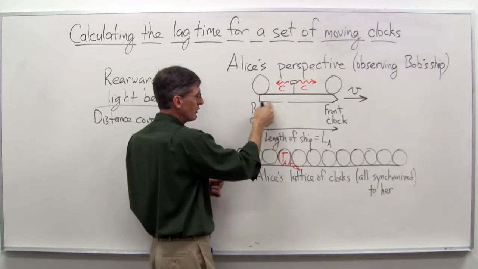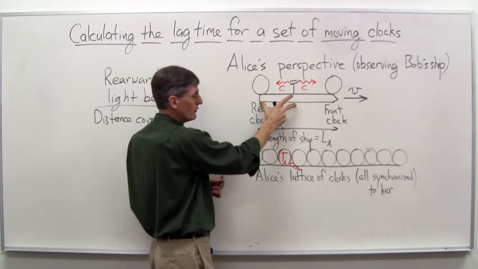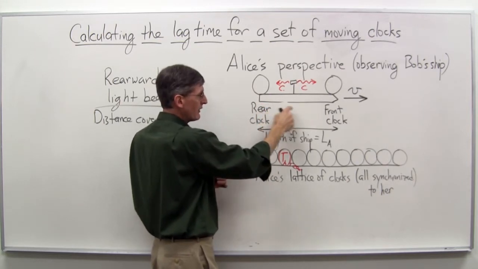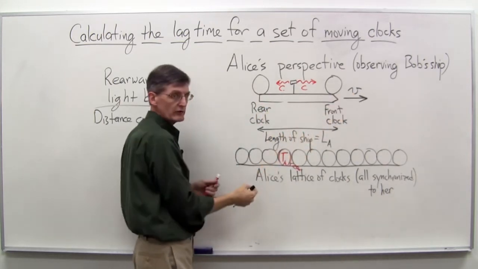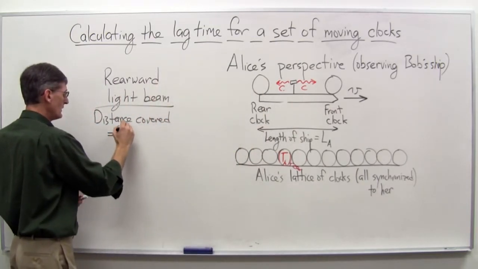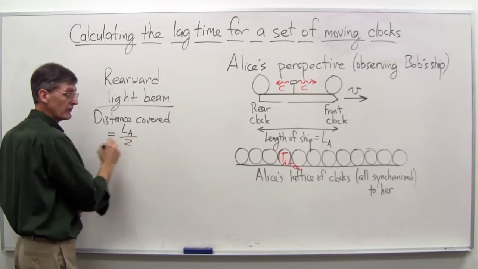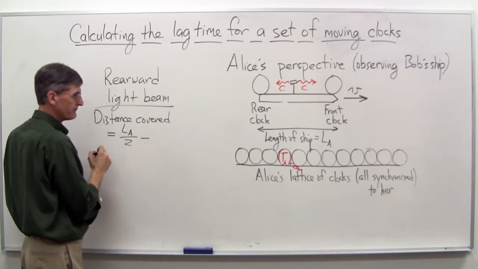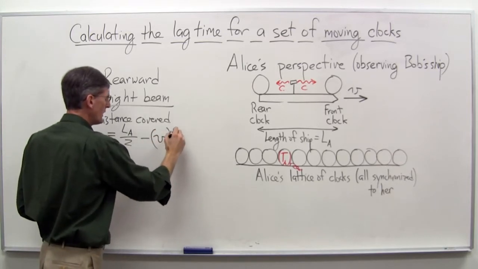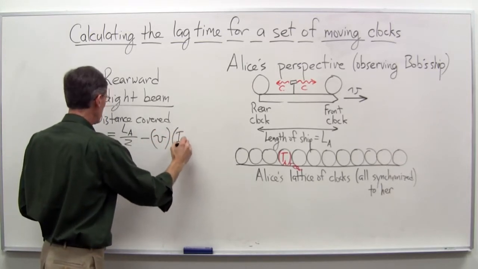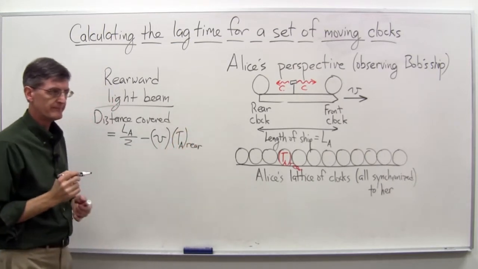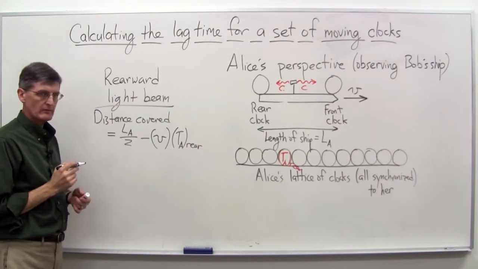So it's going to be L_A over 2, the length divided by 2, but the back of the ship has been moving forward by a value v times whatever time it took to get there. So the distance covered is going to be half the length of the ship minus the velocity times T sub A rear. Okay?